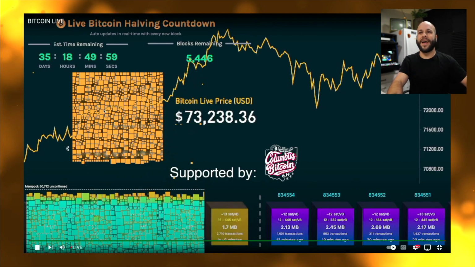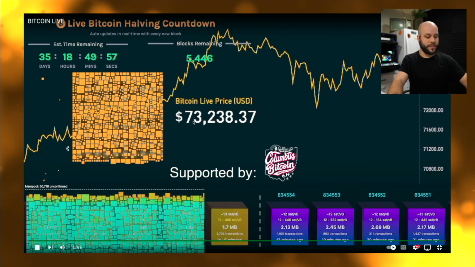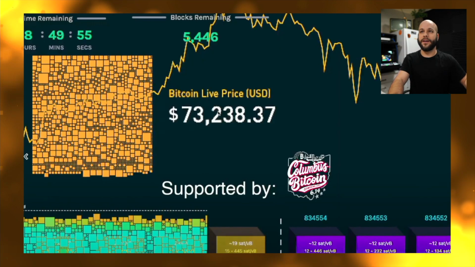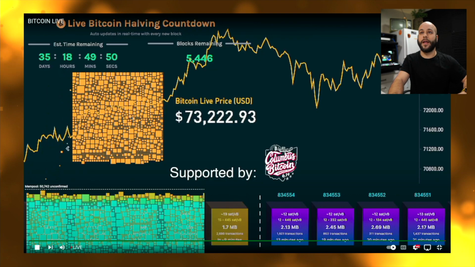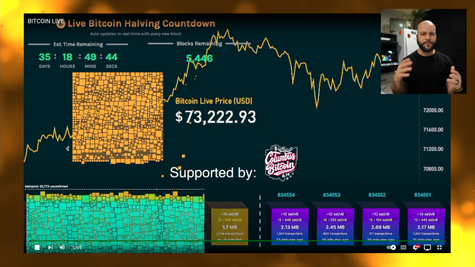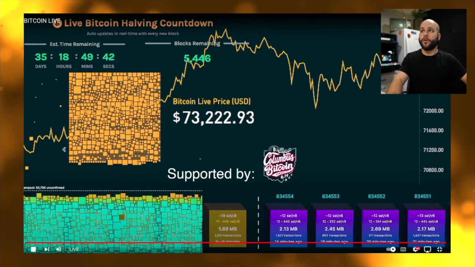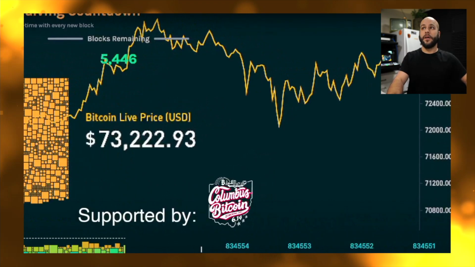The first thing that I'd like to talk through is obviously the price, and you can see it right here in the middle of this page, and you can also see it behind here as an indication of a chart. This chart shows about a 24-hour window of the price of Bitcoin, and you can see where it's at currently.